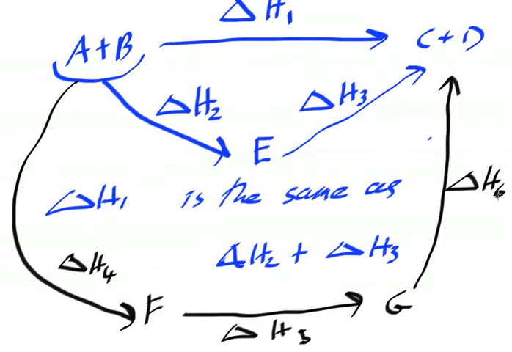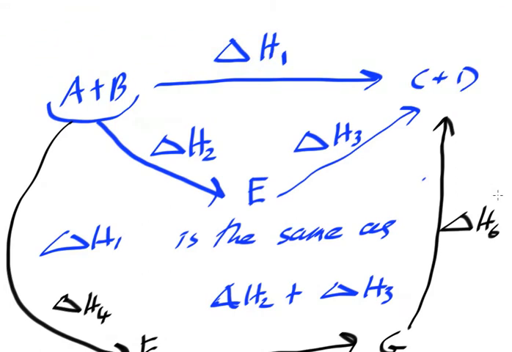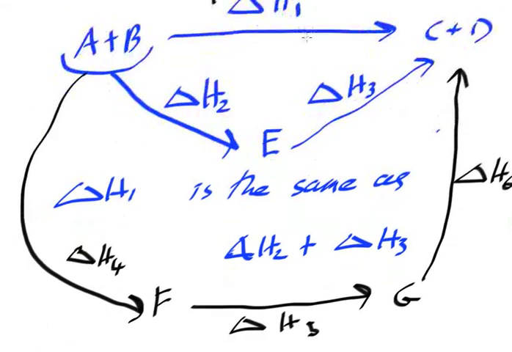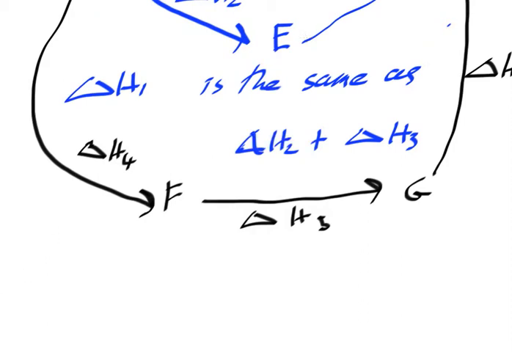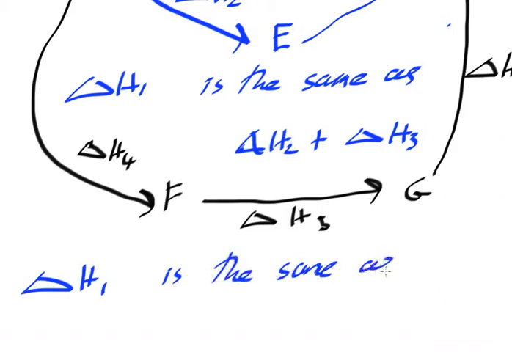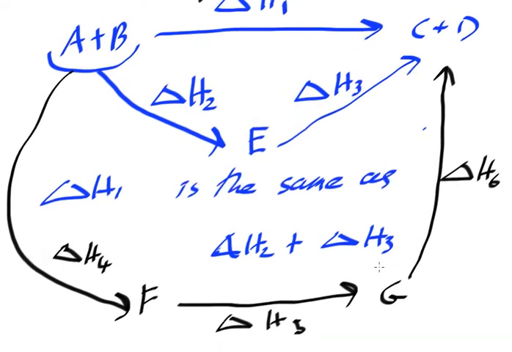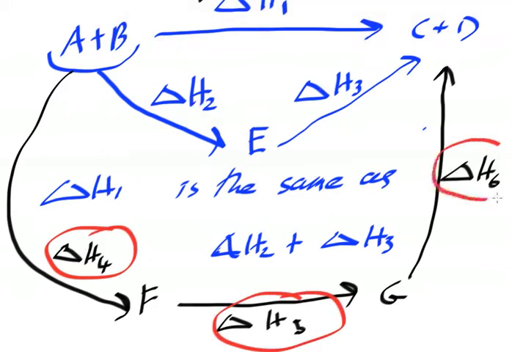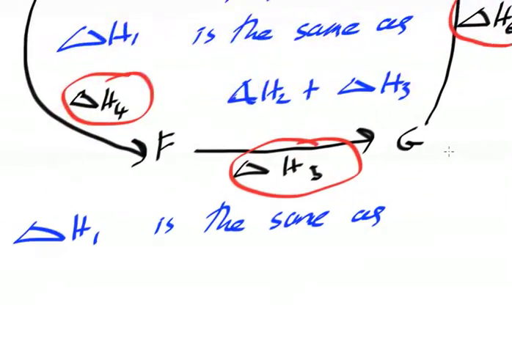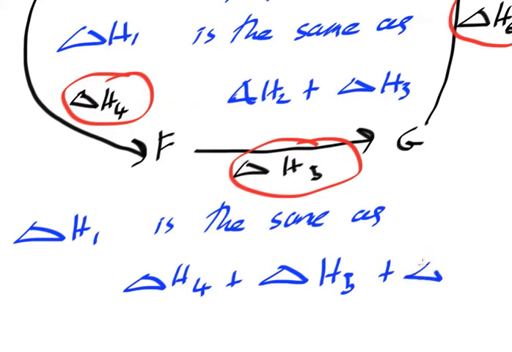Again, what Hess's law states is exactly the same thing: delta H1 is the same as going all the way around this circle. So it's the same as this one plus this one plus this one, so delta H4 plus delta H5 plus delta H6. Let's mark those on with arrows.